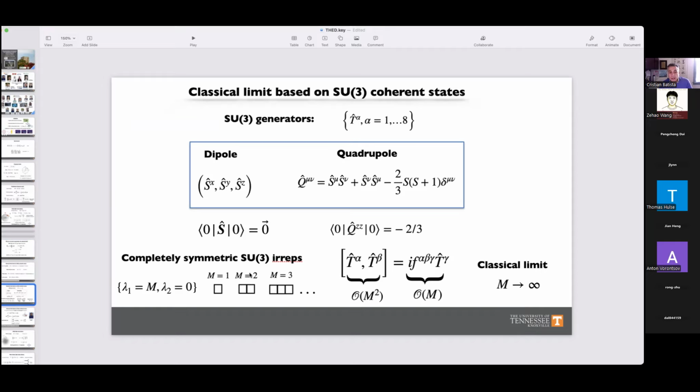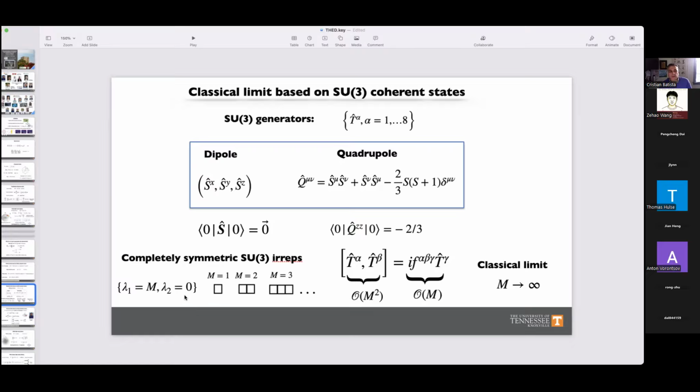And now we go back to again compute the commutation relations of these 8 generators. I will denote them by T. And once again, in the same way as for SU2, where we consider the sequence of different representations labeled by S, for SU3 we need to consider a family.